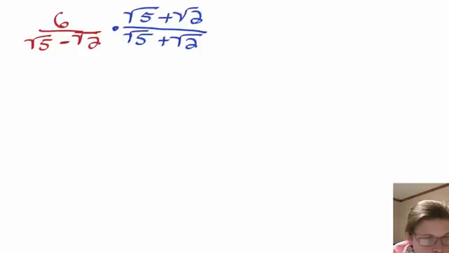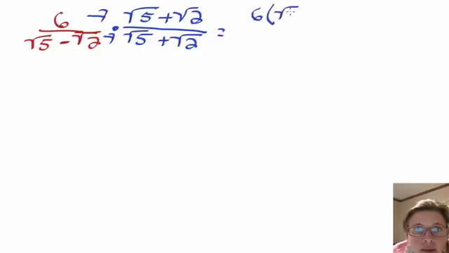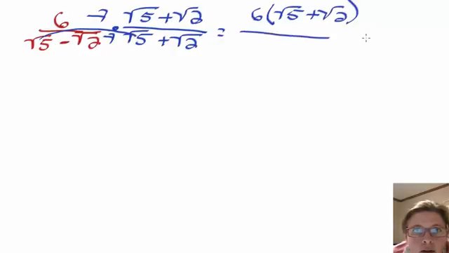So what we have to do is multiply across. This is going to become 6 times the square root of 5 plus the square root of 2. And then we have to FOIL. The square root of 5 times the square root of 5 is the square root of 25.